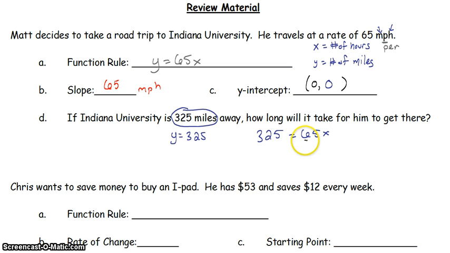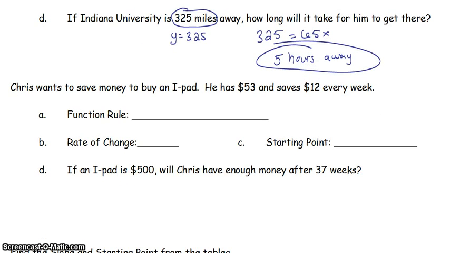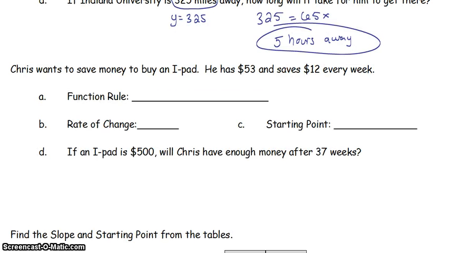I use my calculator, divide both sides by 65, and find that Indiana University is 5 hours away. Go ahead and press pause and try the next problem, and then unpause to check the next problem's answer before you move on to the last two. So go ahead and press pause now.